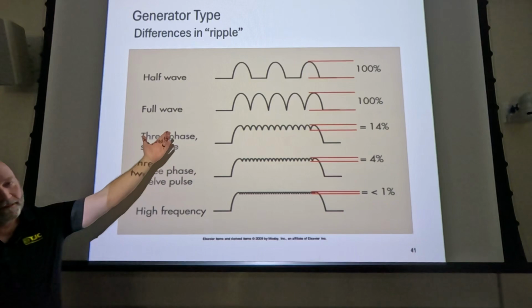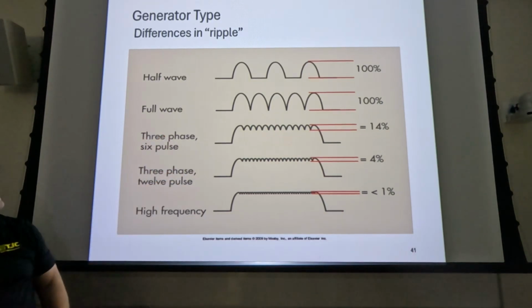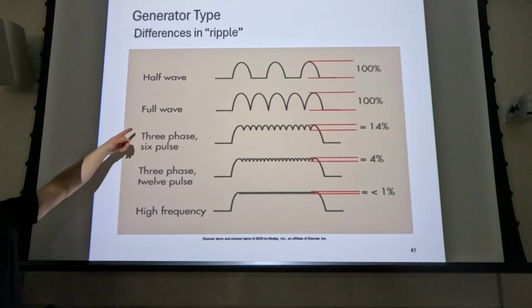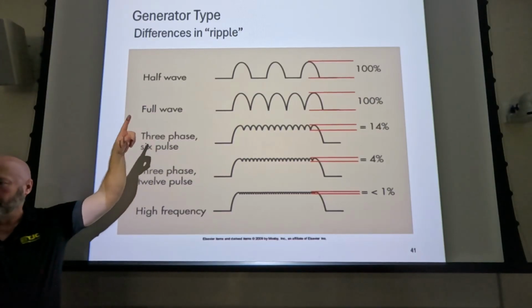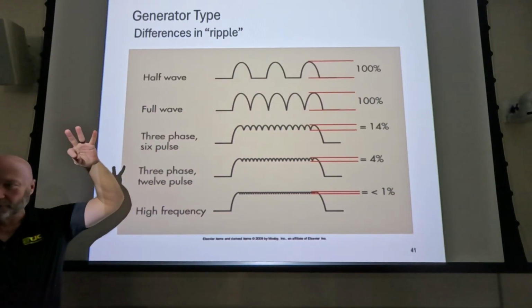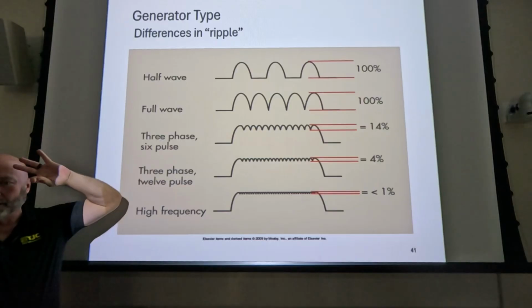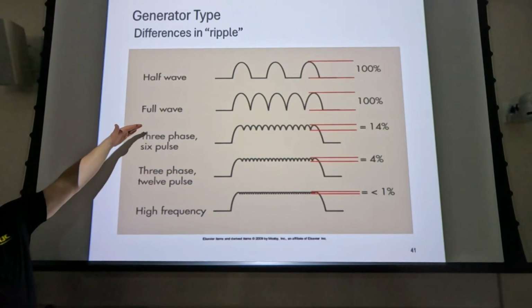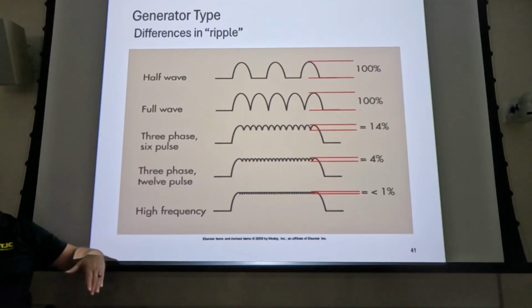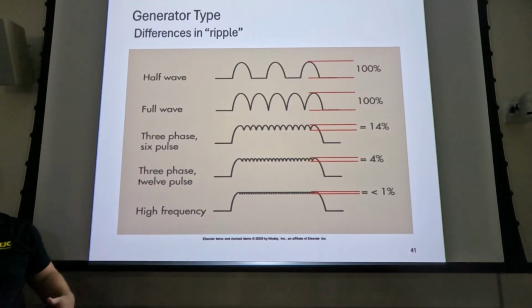And if you remember from last semester, I'm not going to embarrass anybody, but you would think single phase to three phase would be a factor of 3. That would just make sense, wouldn't it? But no, it's a factor of 2. Once we go from single phase to high frequency, it's about 2.5.